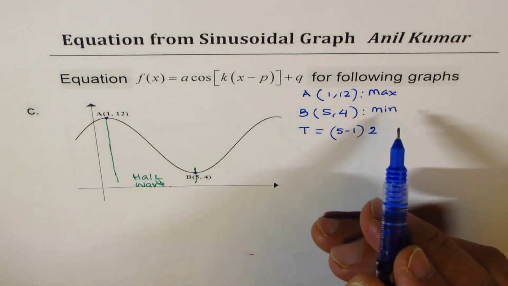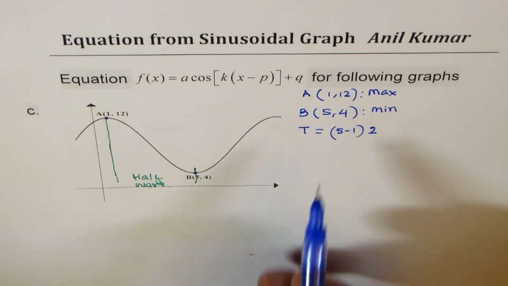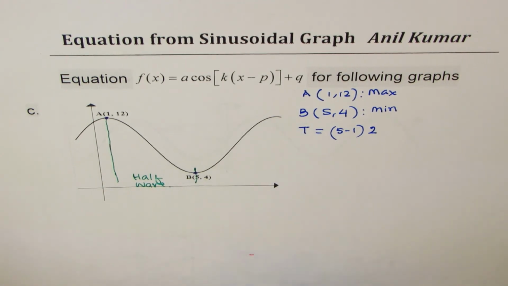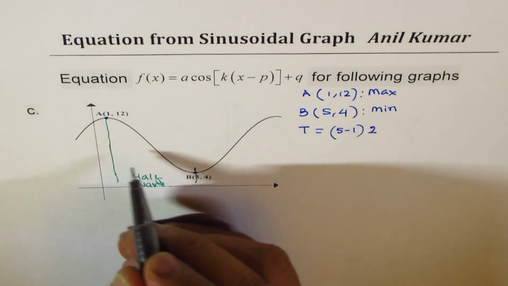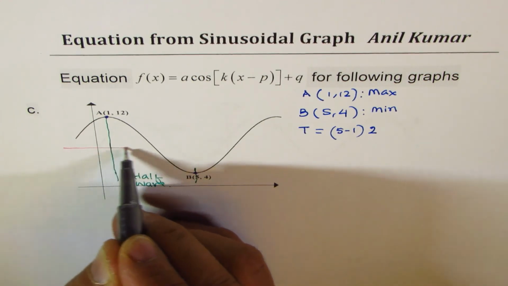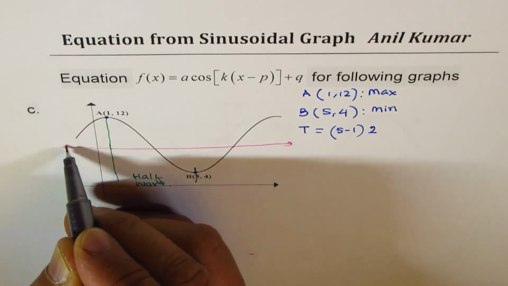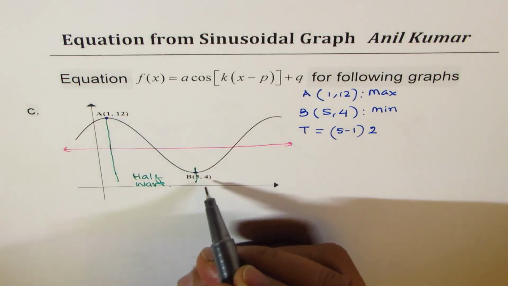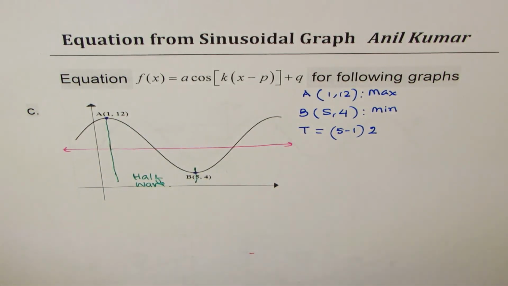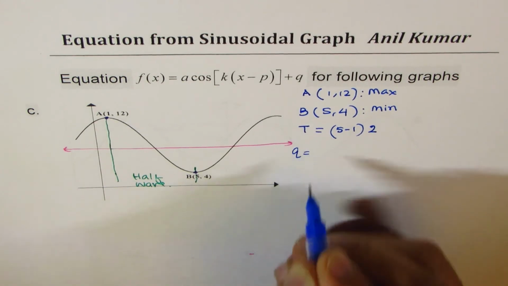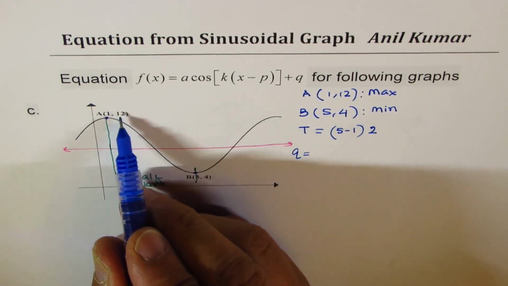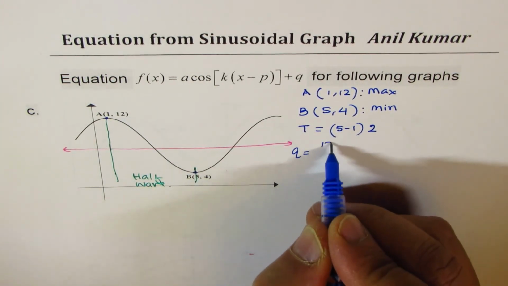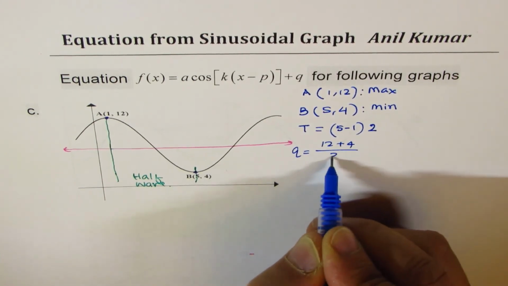Now, once we have these values, it's kind of simpler to find the equation. So let's begin by finding the axis itself. The axis is something which goes through the center of this graph. The value will be midway between the y values, right? So q, the axis, is add y values, which is 12 plus 4 divided by 2.